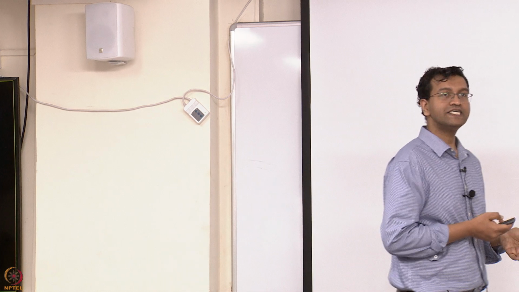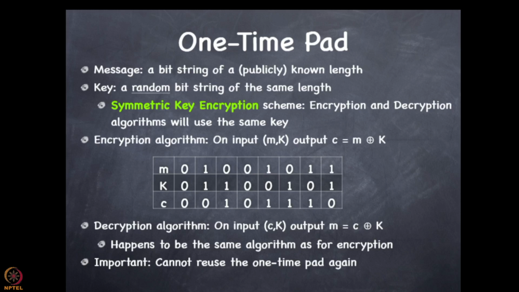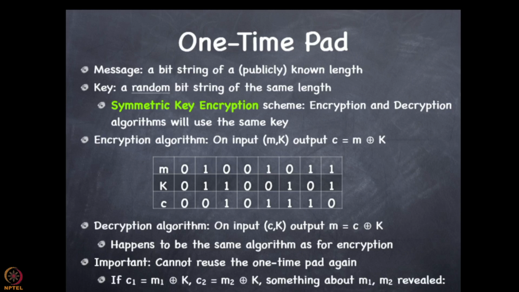And it's called a one-time pad for a good reason. You cannot use this pad twice, or you cannot even use parts of this pad twice. Just to be explicit, if you had two ciphertexts, C1 and C2, that were obtained from two messages M1 and M2 using the same key K, what goes wrong?